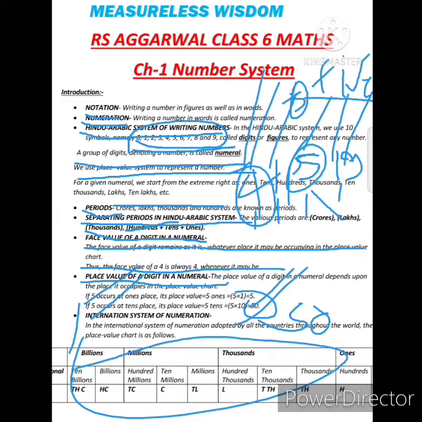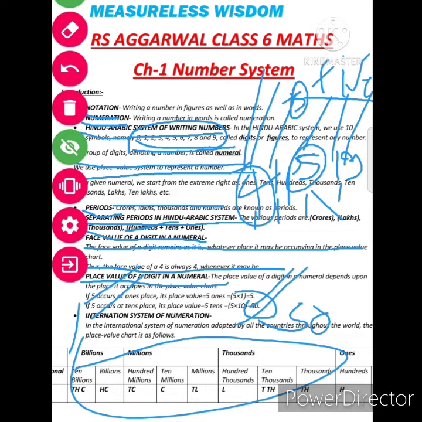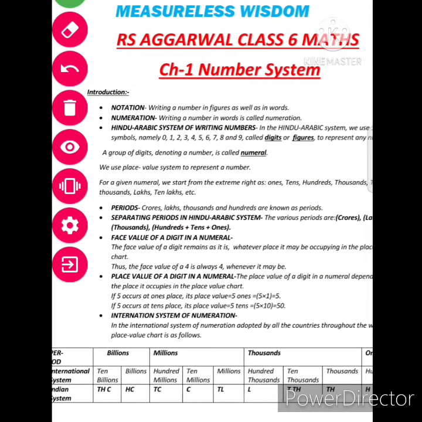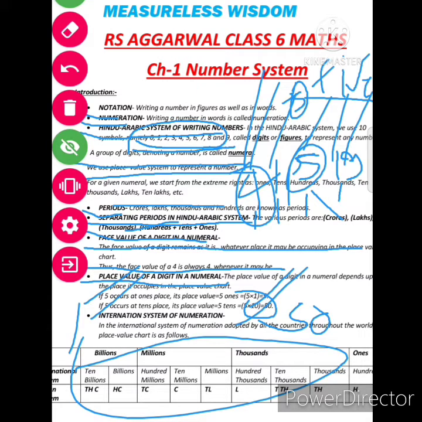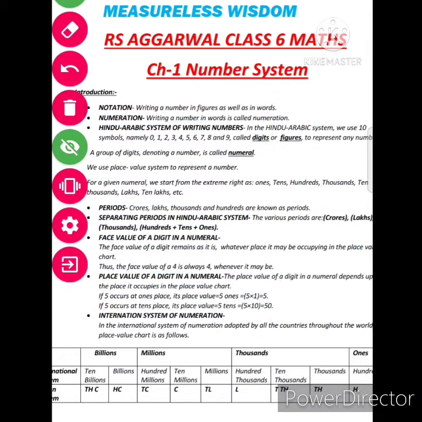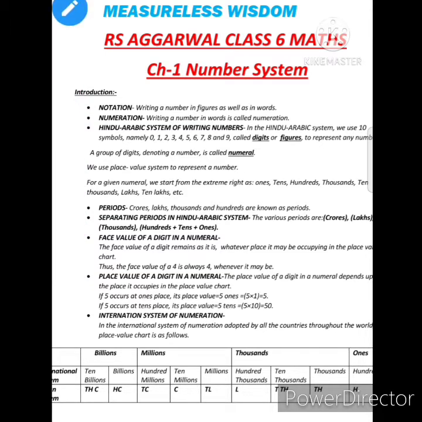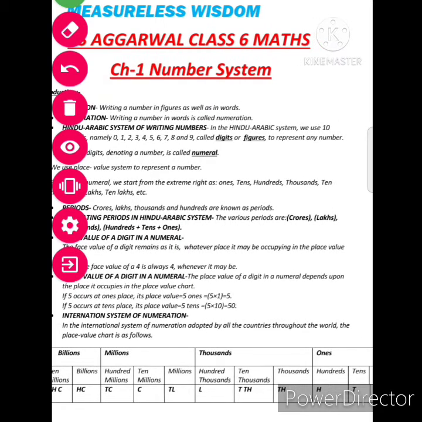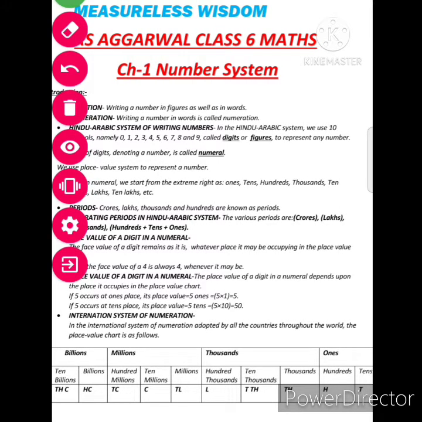The next topic is the international system of numeration. In the international system of numeration, adopted by all the countries through the world, the place value chart is as follows.